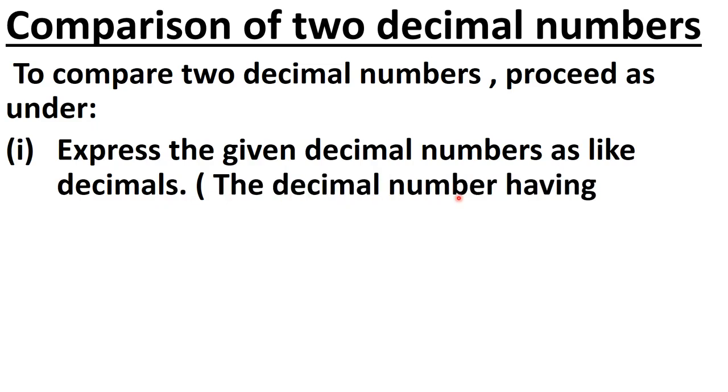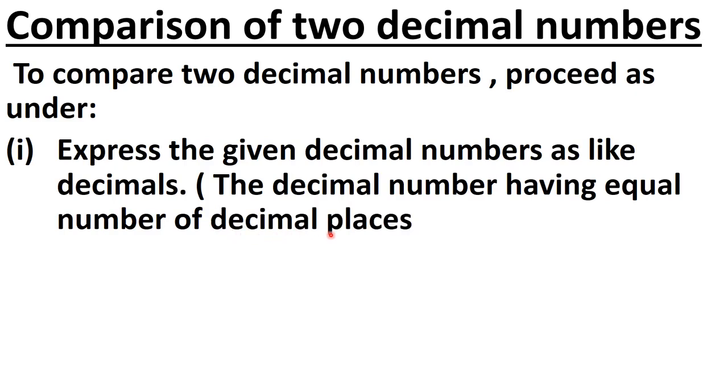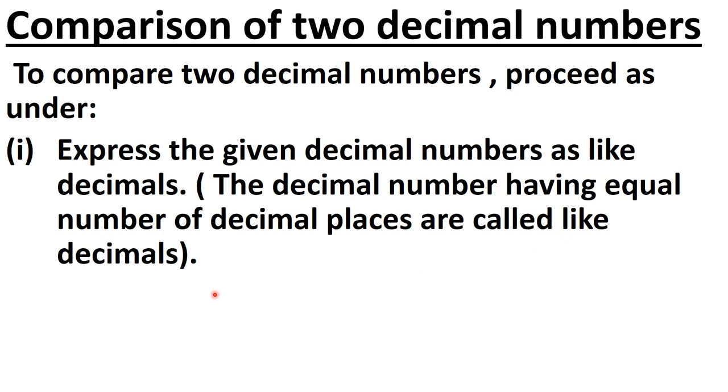The decimal numbers having an equal number of decimal places are called like decimals. Okay, if in the decimal number there are 2 decimal places, then in each there must be 2 decimal places. Then they are called like decimals. So first of all, you have to express the decimal numbers as like decimals.